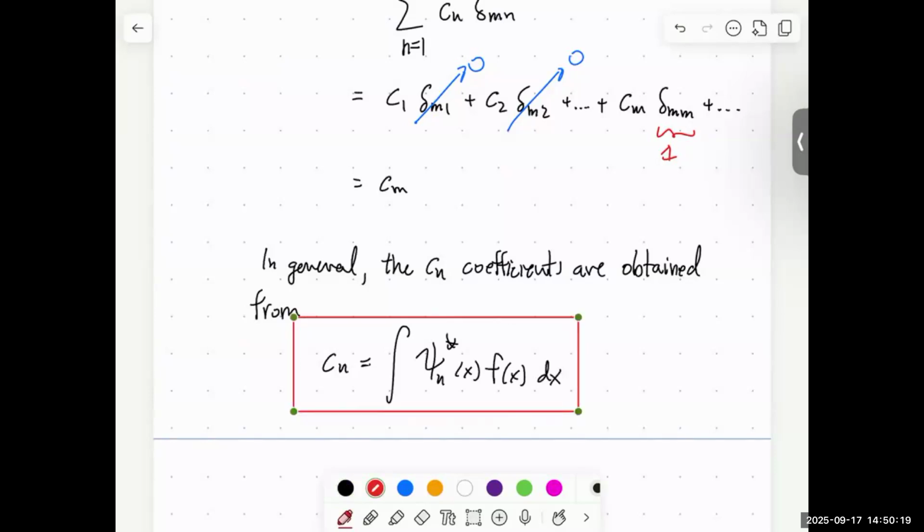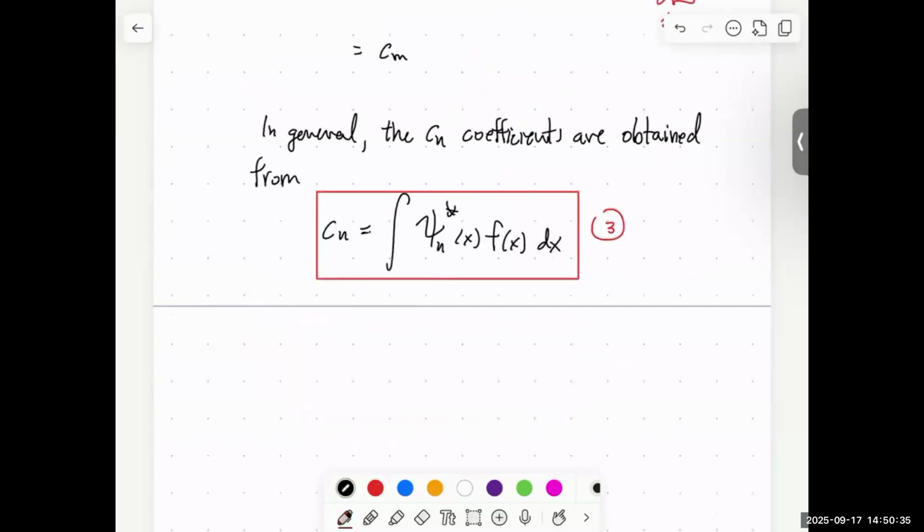So the reason we're doing this in slow detail is because all these properties that we're working out, equations 1, 2, and 3, are general properties that we'll always have. They're not just valid for the infinite square well.